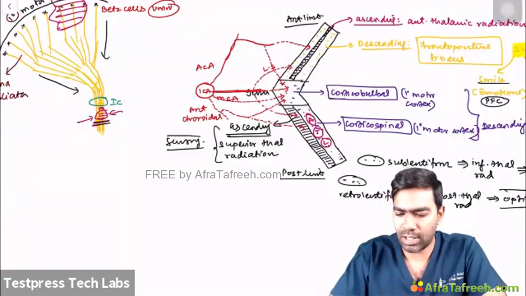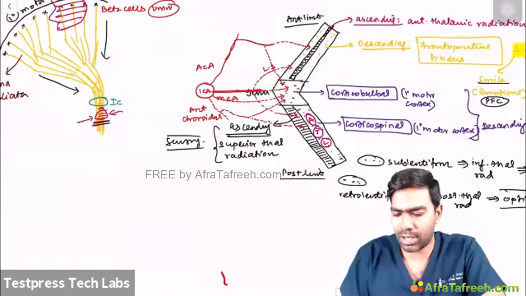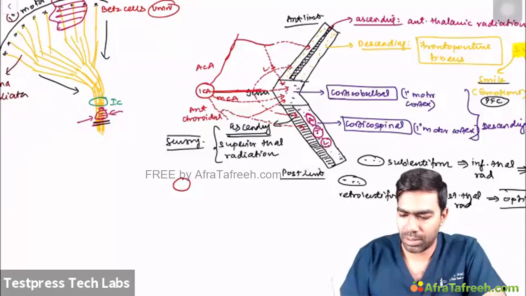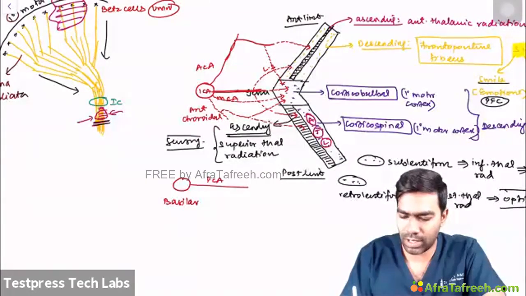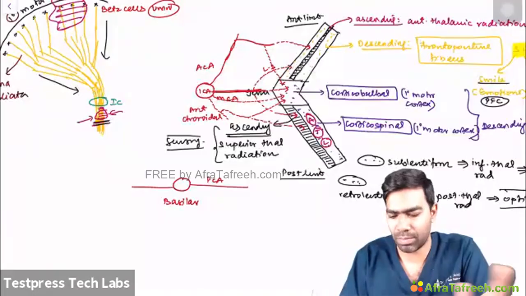Then you are going to get the posterior cerebral artery here, because here is the internal carotid artery, and here you are going to get, let us assume, the basilar artery. This basilar artery is going to give rise to the posterior cerebral artery. We know that on either side, you have a posterior cerebral artery from the basilar artery.